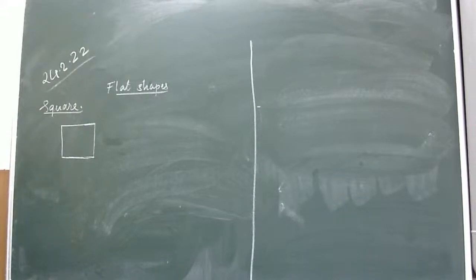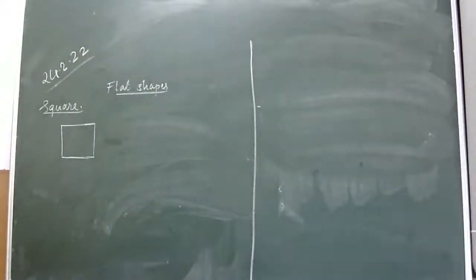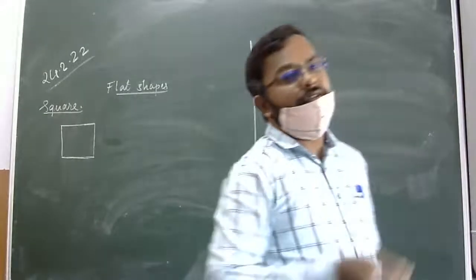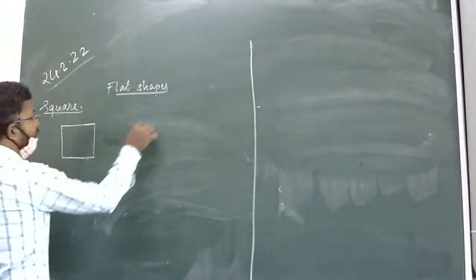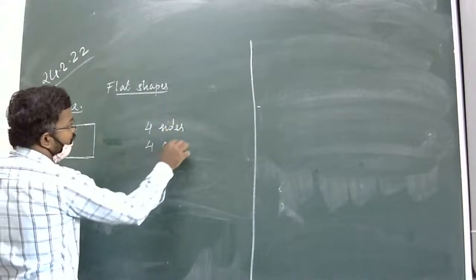So in this square, what all do you have to check? See, in every flat shape, what do we have to check? One, we have to see how many sides are there. And next, you have to see how many corners are there. 4 corners. Okay. So we have 4 sides and 4 corners.